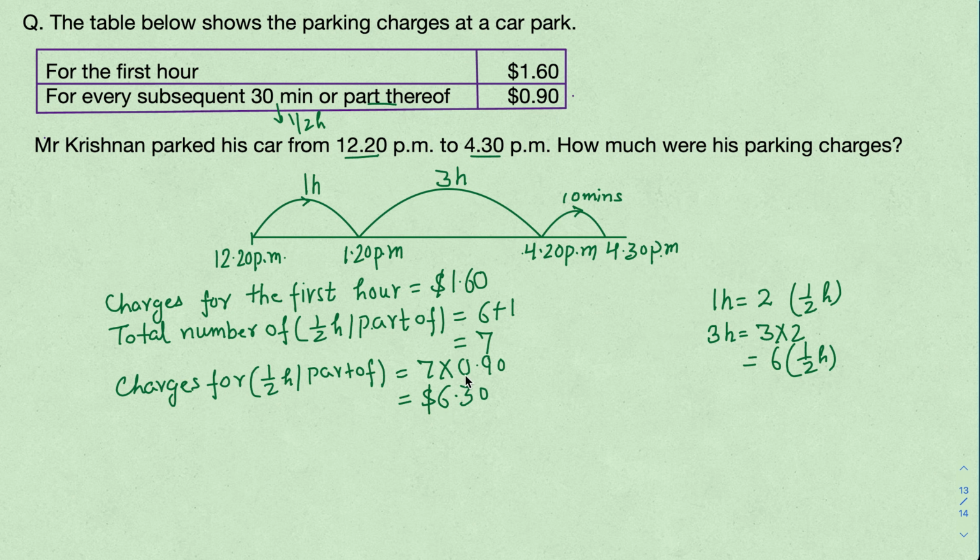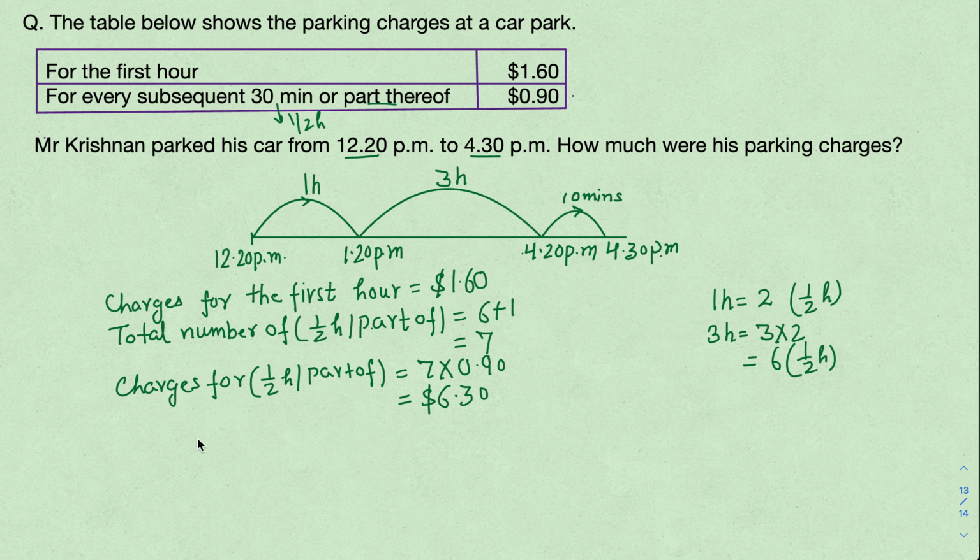So that means Mr. Krishnan needs to pay $1.60 for the first hour, and then thereafter, for another 3 hours and 10 minutes, he would need to pay $6.30.